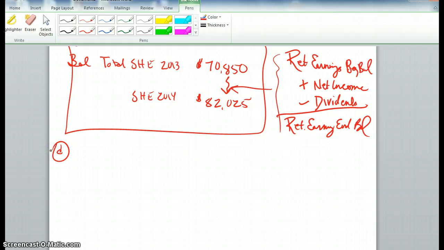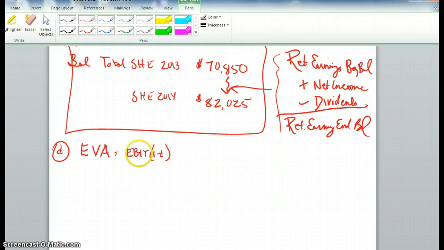For total invested capital, well, I guess I'm ahead of myself. To calculate the economic value added, and that formula is in your book, you're going to take your EBIT after taxes, and you actually did that for your cash flow statement. So you take your EBIT times 60%, because taxes are 40%.